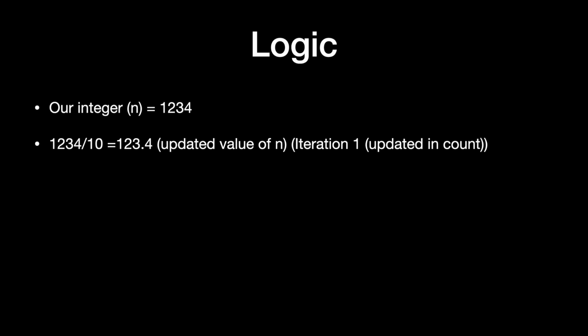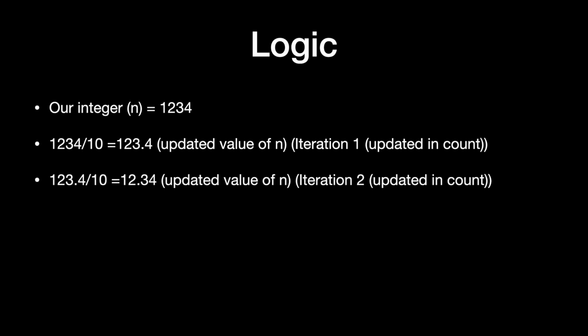We get 123.4. But as it's an integer data type, Java will ignore the number after the decimal, so it will be 123. So we still have 3 digits remaining. The new value of n is updated, and we have carried out our first iteration, which is updated in the counter variable.